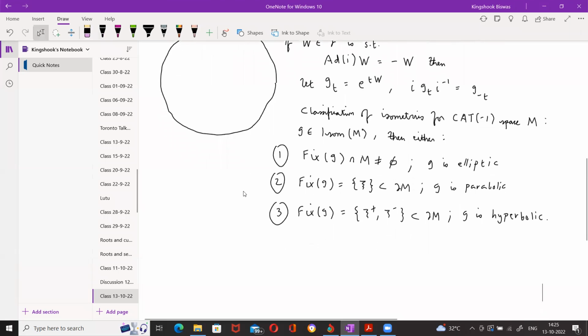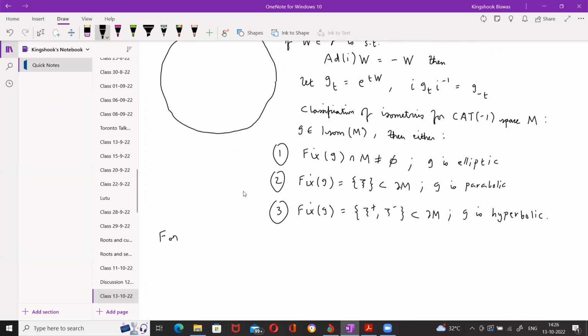So for M a rank 1 symmetric space, where the orientation preserving isometry group of M is a semisimple Lie group G, if you take its Cartan decomposition K, A, N, then the elements of K are all elliptic.